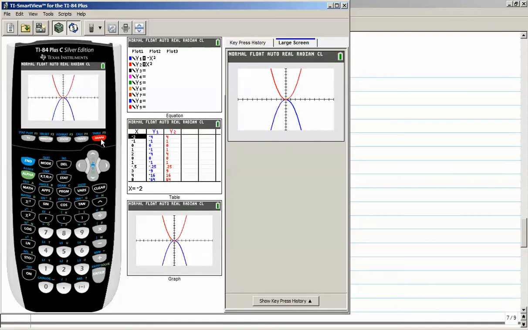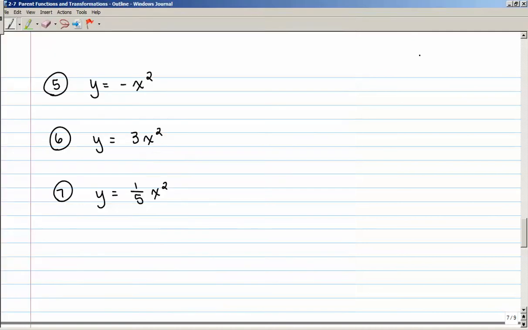And this appears to be the parent graph, the red one, reflected over the x-axis. So this is the graph of y equals x squared reflected over the x-axis. Okay, notice that's what the negative out front does to it.